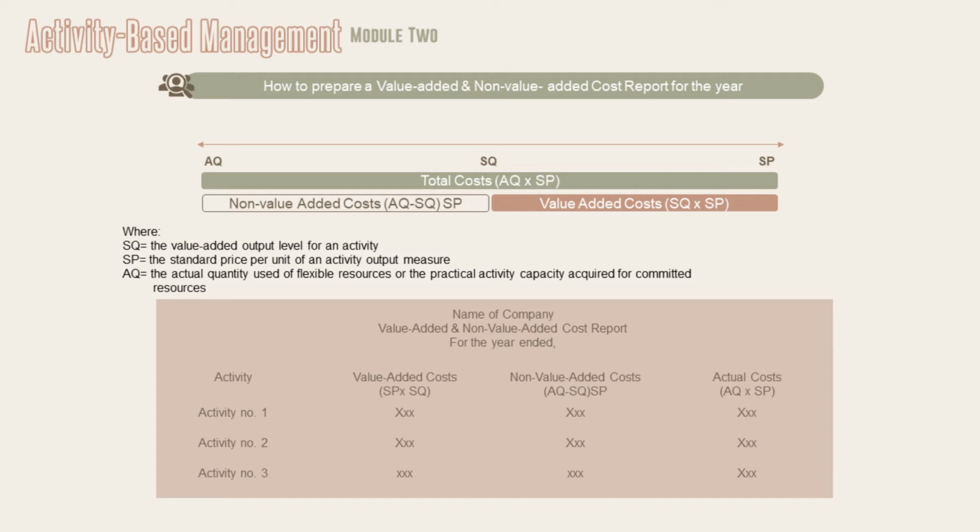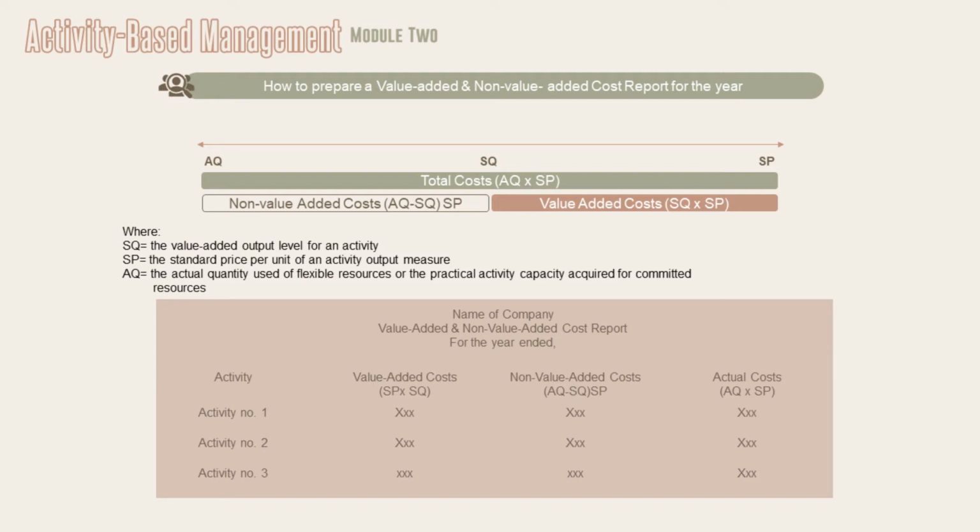Under the first column, the activity, we're going to list down all of the activities. For the value added costs, we place the value added cost for each activity, which is computed by standard price multiplied by standard quantity.